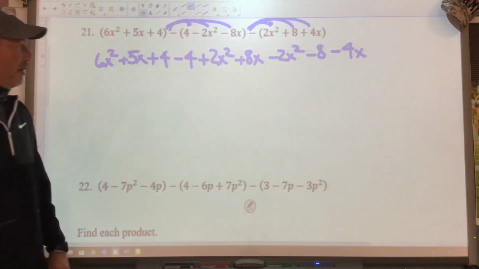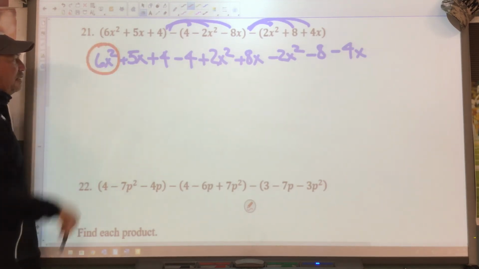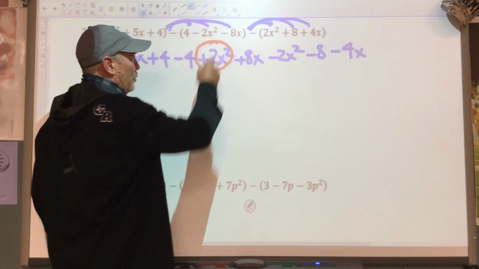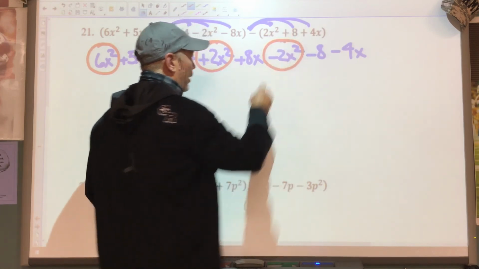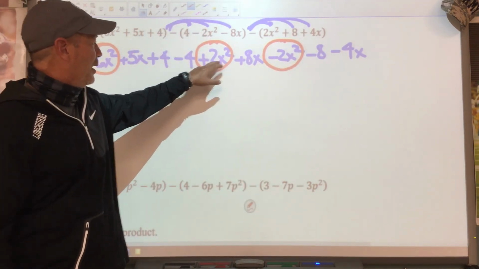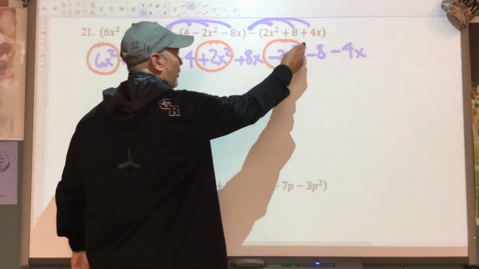Let's combine like terms. Well, here is 6x squared. Here is a positive 2x squared. Here is a minus 2x squared. Well, what happens to a positive 2x squared and a minus 2x squared? They're going to cancel each other out.